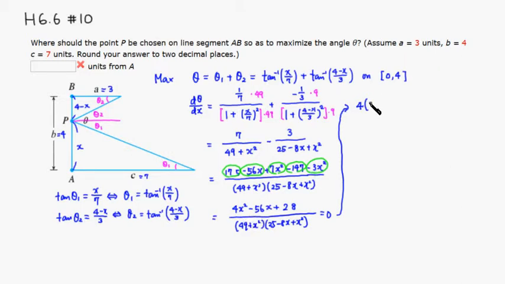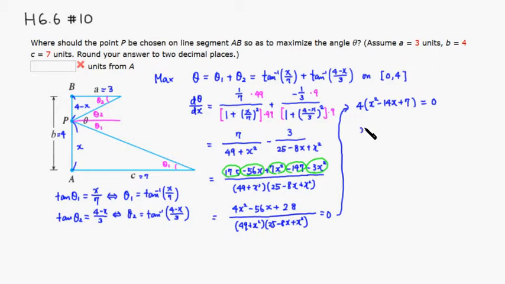So you have x squared minus 14x plus 7, and this is equal to 0. I'm not sure if I can factor this nicely, so I'm going to use the quadratic formula.